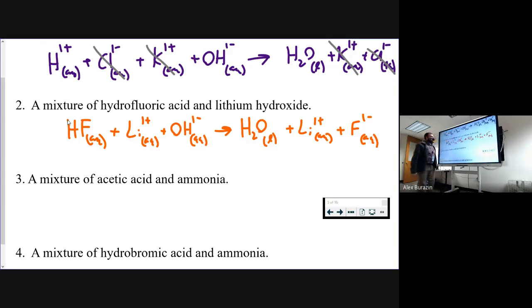Okay, let's look for spectators. What did the lithium do? Nada. Didn't do anything. There it goes. And our net ionic equation this time is HF plus OH gives us water and F1 minus. Okay. Keep going.